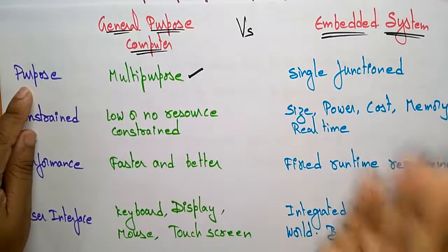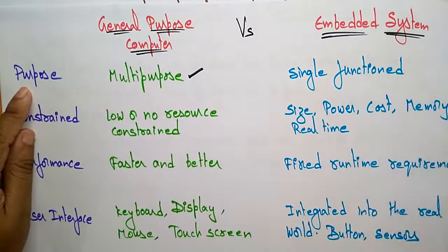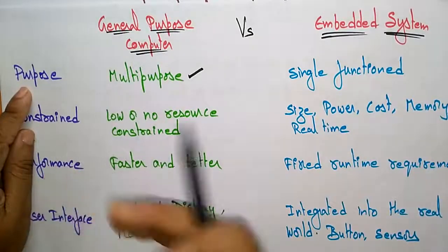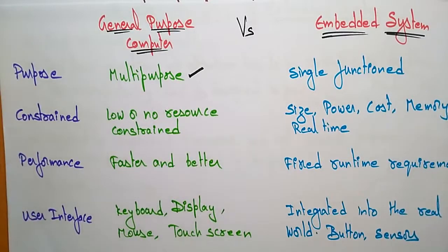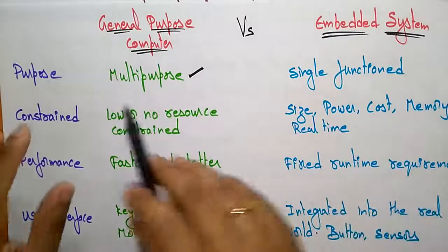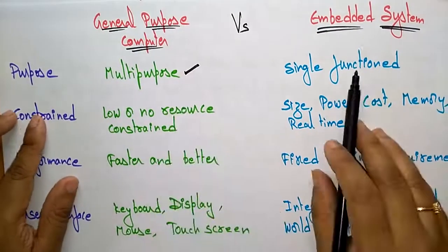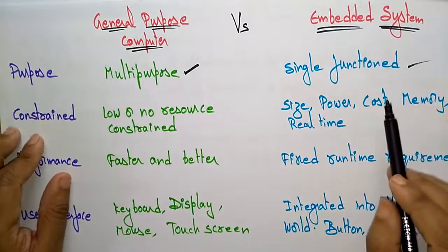It is not designed to perform a particular task. On your computer system you are not doing a single task; you are communicating, working, storing, and it is used for entertainment, everything. So it is a multi-purpose system, whereas an embedded system is a single function system.